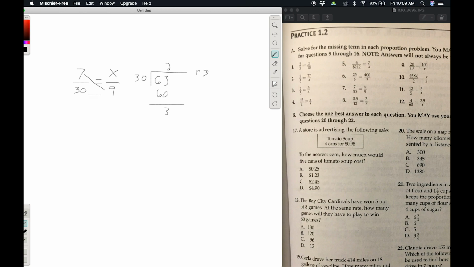Let's see if we can turn this into a decimal, or maybe we can keep it a fraction. 3 remainder over 30. 30 is the whole, what it takes to make 1, and we have 3 pieces of that 30.